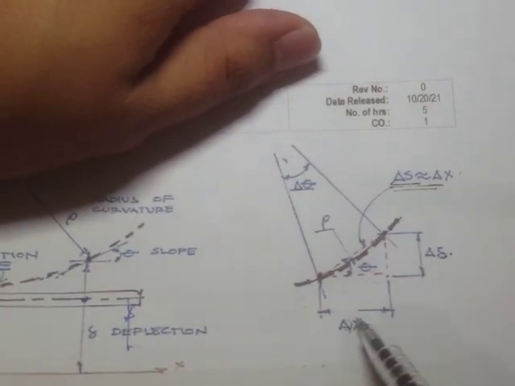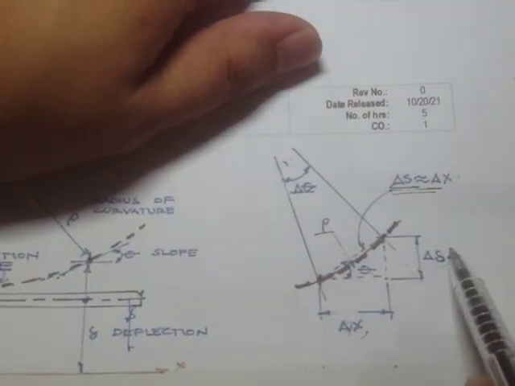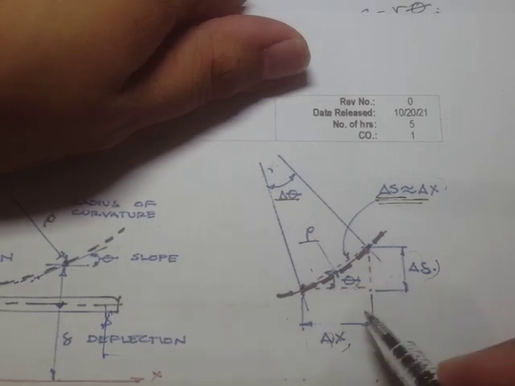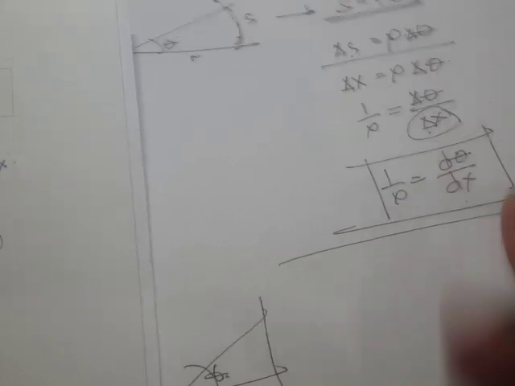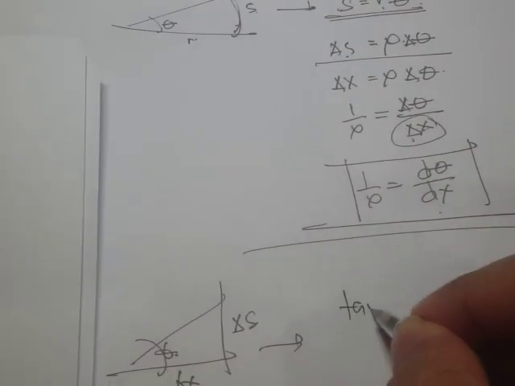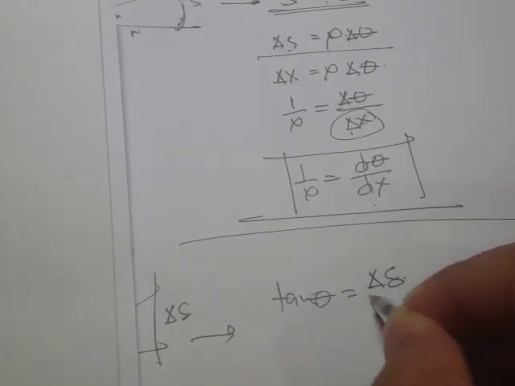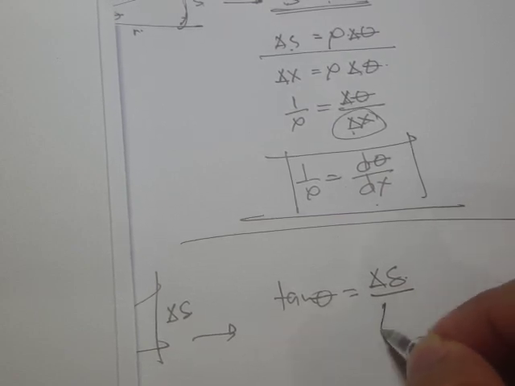Okay, so the next thing is, what's going to be the relationship of this delta x to this deflection, and also the theta right here? Since this is a right triangle, we can apply the trigonometric relations, and we see that tangent theta is just equal to the opposite over the adjacent. This is delta of the deflection over delta x.